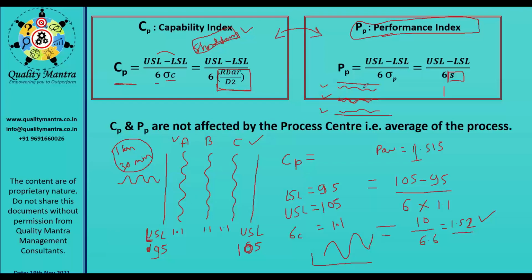The control chart will not let you know whether your process is running in the center of your specification or whether it is running nearer to the upper limit. Whether your process is running in the center or not will be assessed by the capability index CPK or performance index, that is PPK. उससे आपको पता चलेगा वो इंडेक्स कहा जा रहा है.